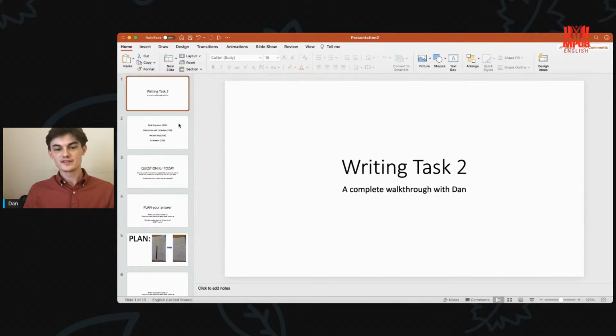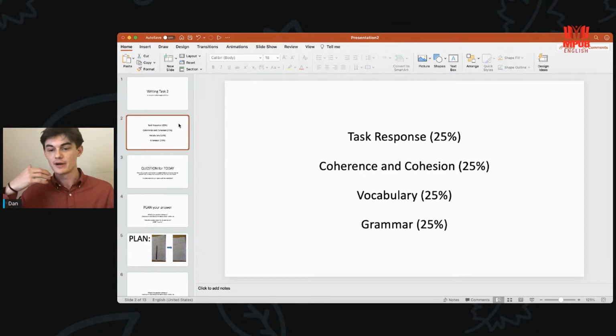And so before I begin talking about the question and how we might answer it, I just wanted to begin by talking a bit about the marking criteria, because although it might seem a little bit boring, if you know the marking criteria and you know what the examiners are looking for, you're really going to be able to adapt your responses to what they want.